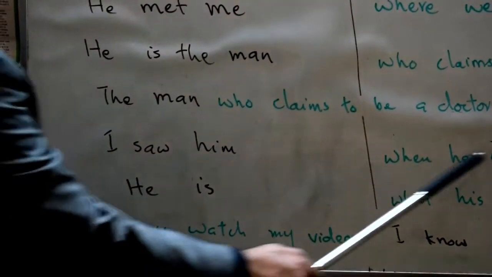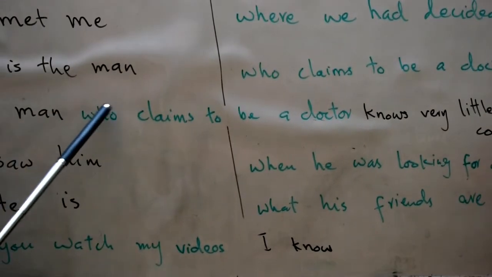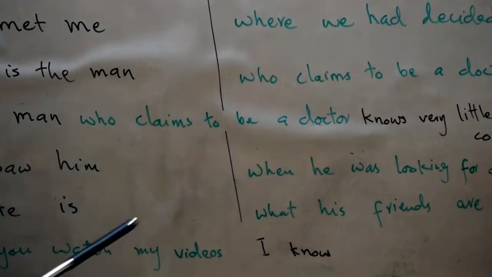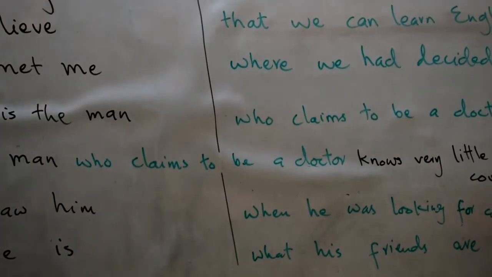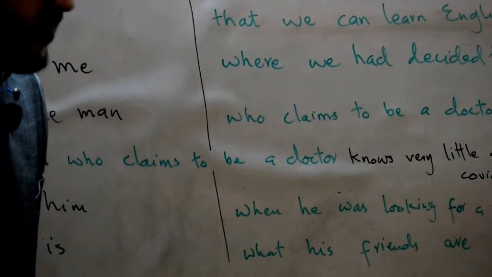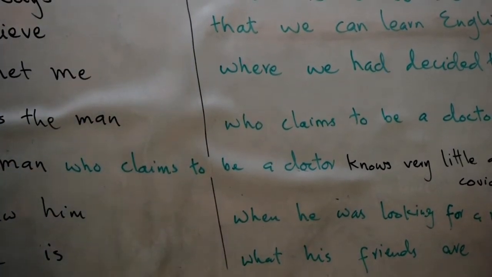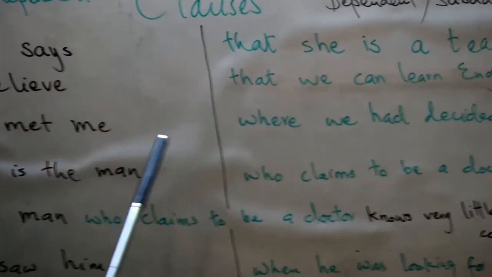The man knows very little about COVID-19. Which man? Who claims to be a doctor. Now from this example you can understand that the order can be different as well. Like in all the previous four examples you have seen that main clauses are written in the beginning and the subordinate clauses are written in the end.